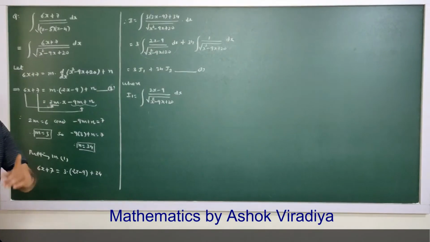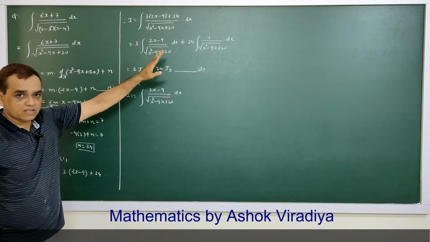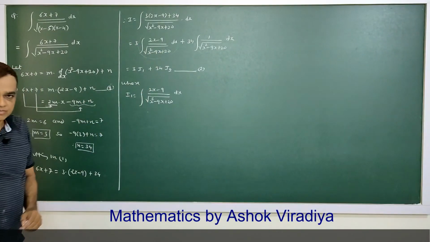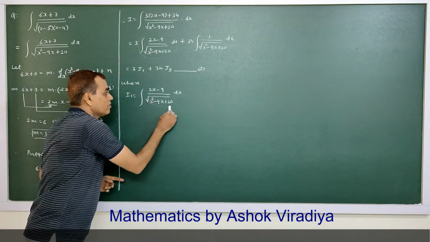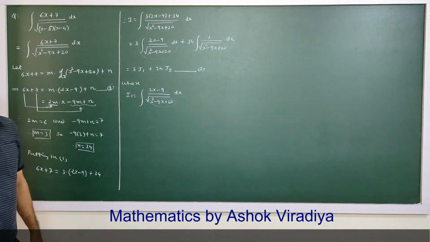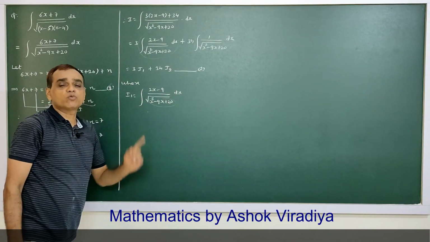So in this method, after dividing the numerator by the denominator, in the first term the numerator will always be the derivative of this quadratic polynomial. So taking this as t, this can be removed.